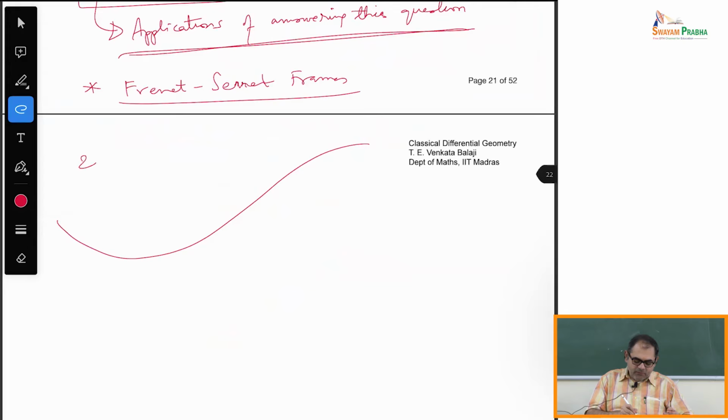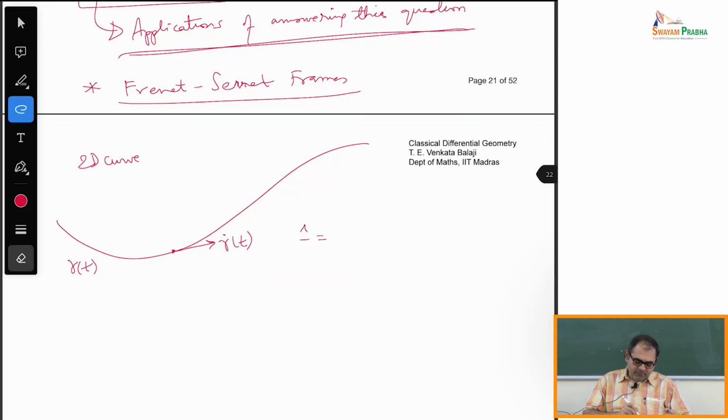Okay, so what does it mean? See, for example, if you have a 2D curve, and suppose you write it as gamma t, then at every point there is a very nice frame. There is this gamma dot, which is the tangent direction. Then I can take the T cap vector.